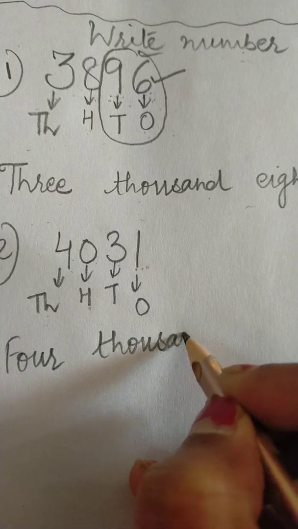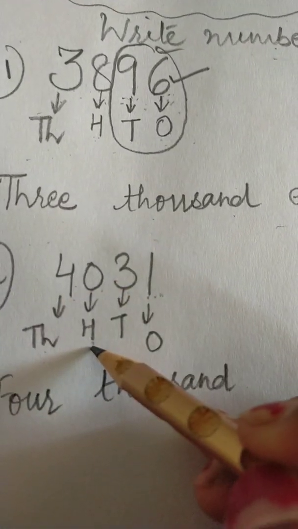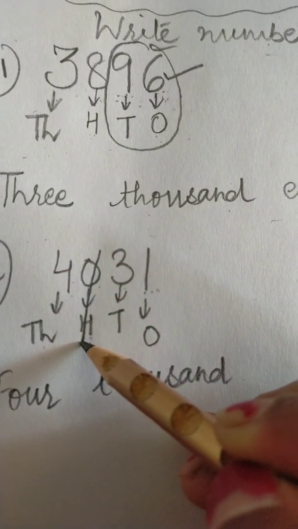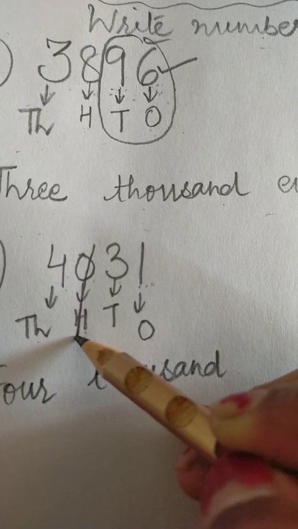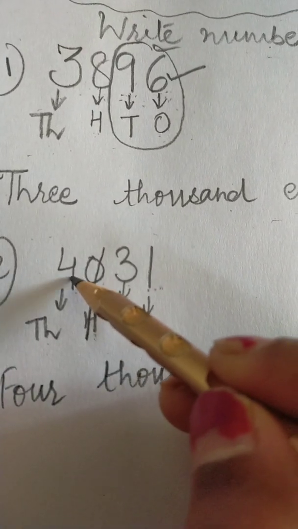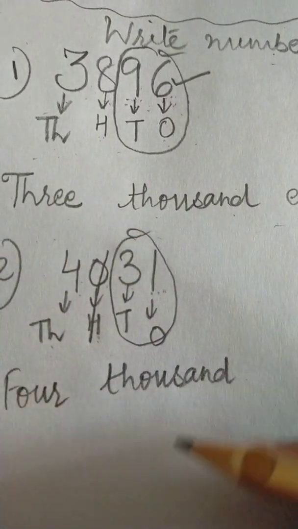We have to write the spellings very carefully. Now 0 hundred, this we will not write. In speaking also we will not speak this, and in writing also we will not write this. We will write 4000. These best friends come together.